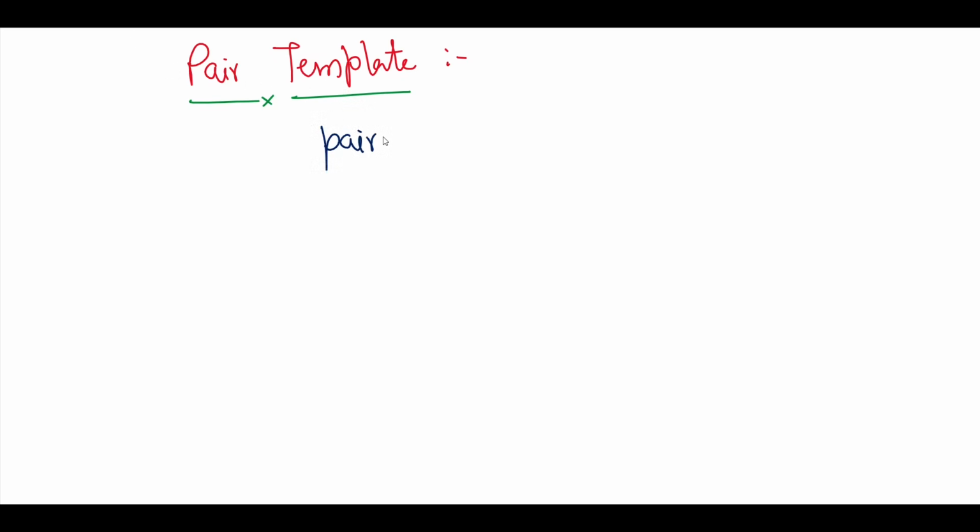You have to write pair, then you have to provide two types here, type 1 and type 2. As you can understand from its name, this template is a pair, and we have discussed this briefly in map, so I hope you are already aware of this. And then we have to write the name of the pair.